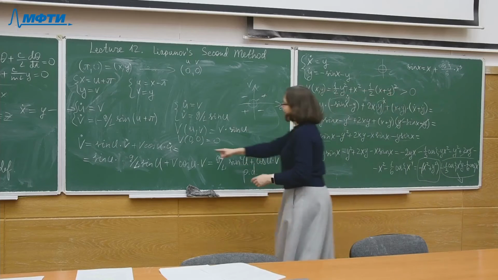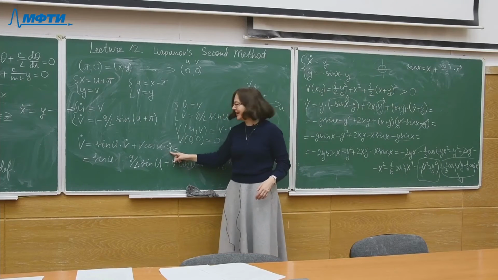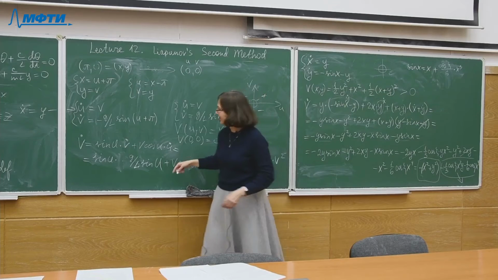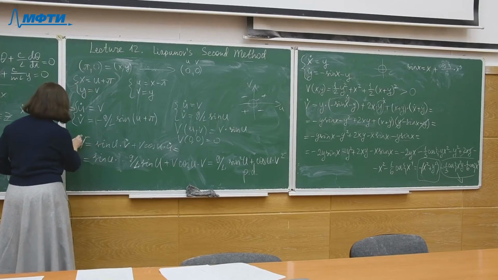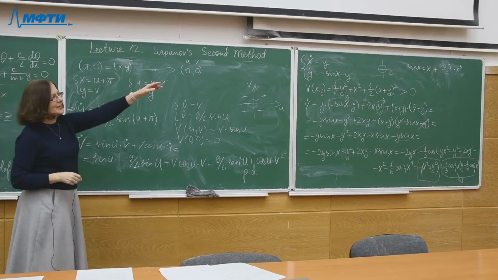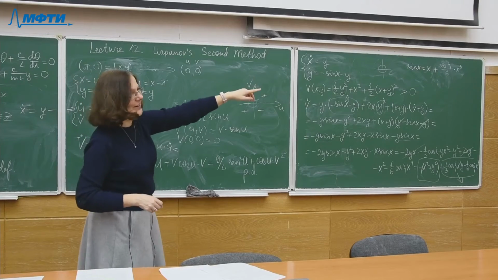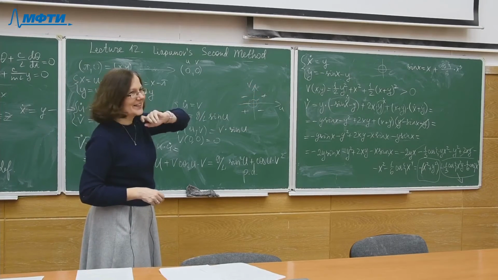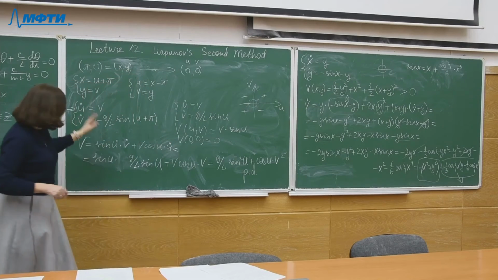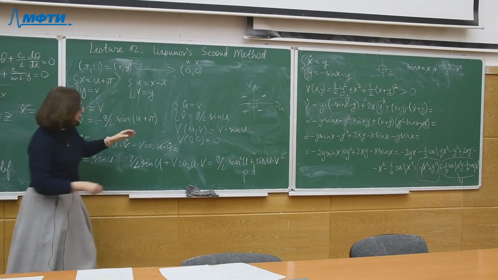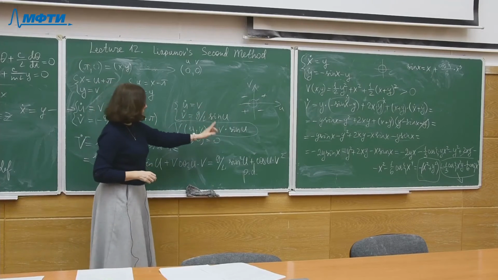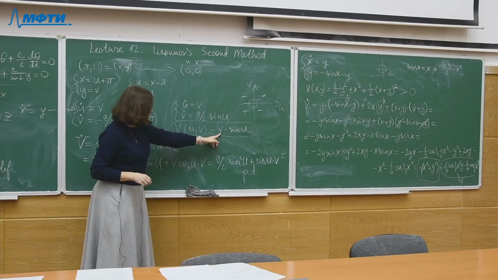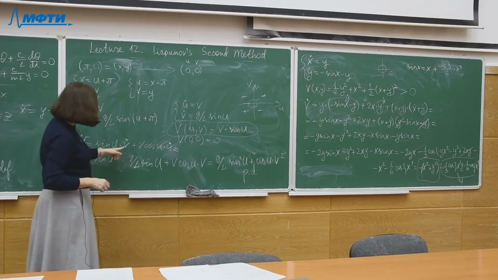Here, V capital, using the same formula as was written there. So first partial derivative: we consider this function. First of all, we take the partial derivative with respect to v and multiply by v dot.